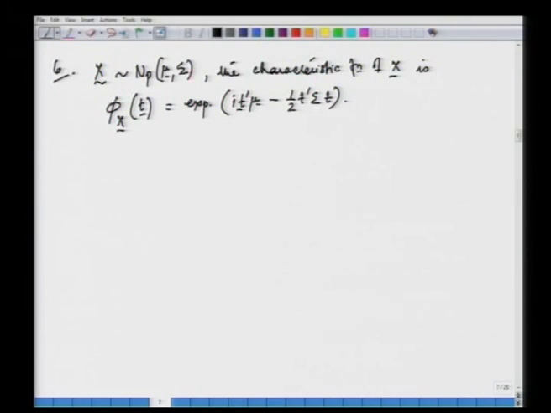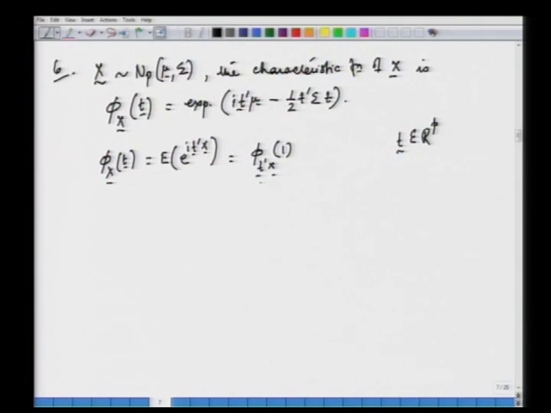How do we get this? Well, we can talk about the characteristic function of a random variable very easily, and that random variable is nothing but the linear combination of this x. So, phi of x at t is by definition expectation of e to the i t prime x, but this can also be the characteristic function of the variable t prime x at 1, t belonging to R p.